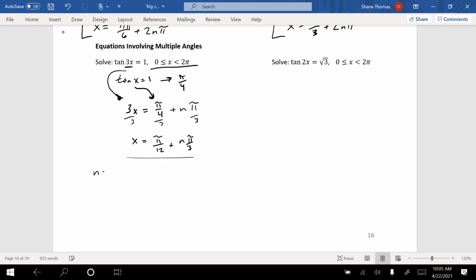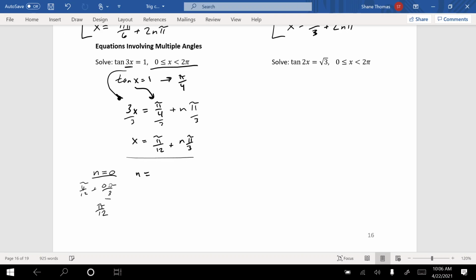So I'm going to plug in n equals 0. Okay, I'm just starting at 0. So if n is 0, now I have pi over 12 plus 0 pi over 3. That's just going to be what? Pi over 12, right? This is 0. Give me pi over 12. Is that in that range, 0 to 2 pi? Yeah.